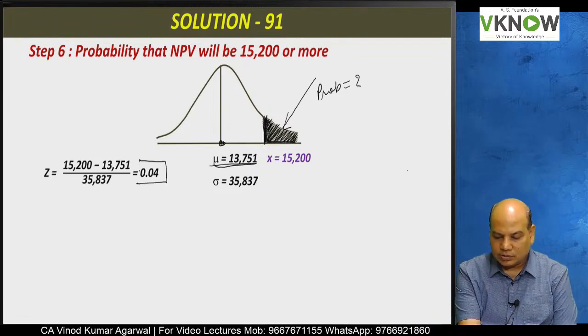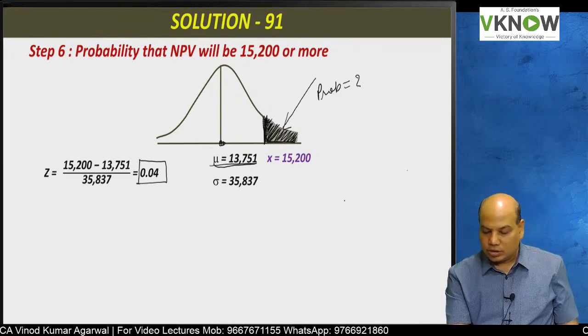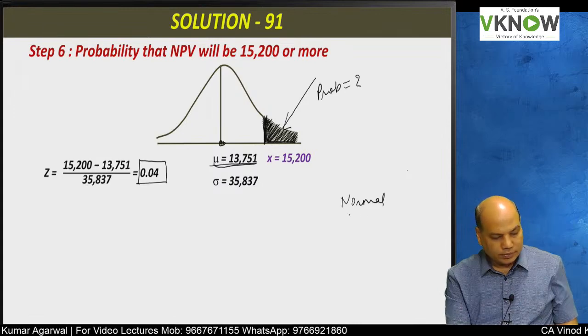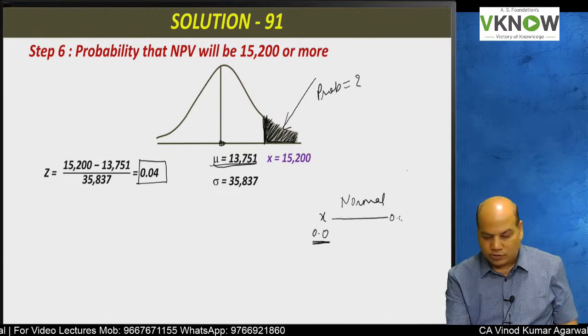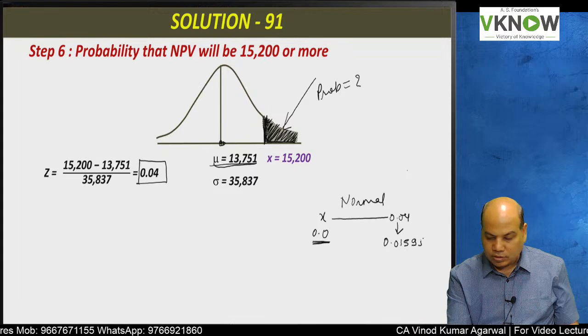Please check, is it 0.04? Now go to the normal table. In the X column, first line 0.0 is there, and you search 0.04 here, and you will find one probability written 0.01595.